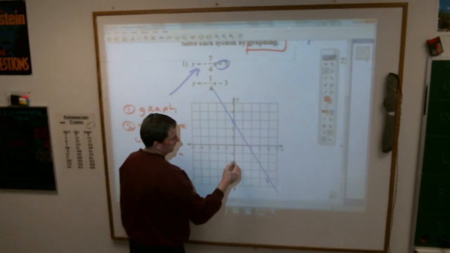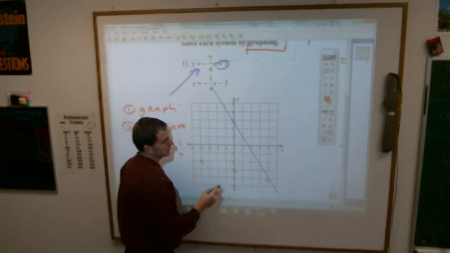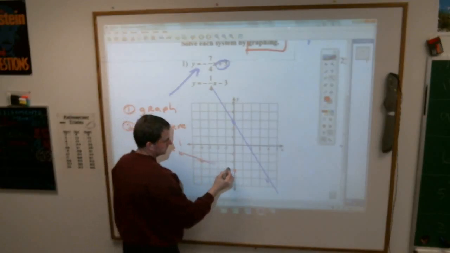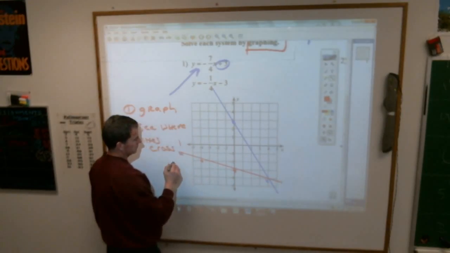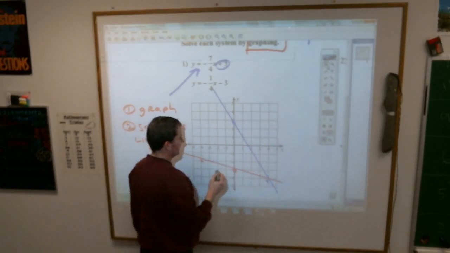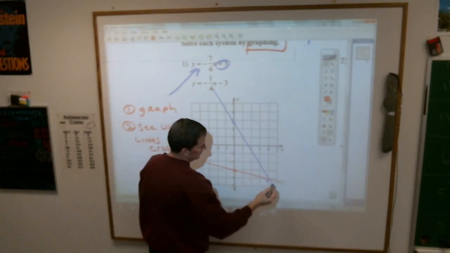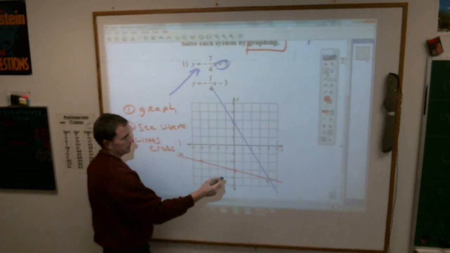Up 1/4, down 1, 2, 3, 4. Draw your line from there. And we kind of hope that that crosses at a point, does it or doesn't it? It does. And that point is right here.